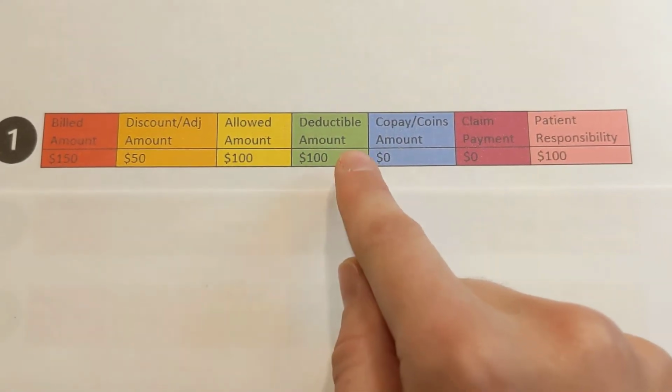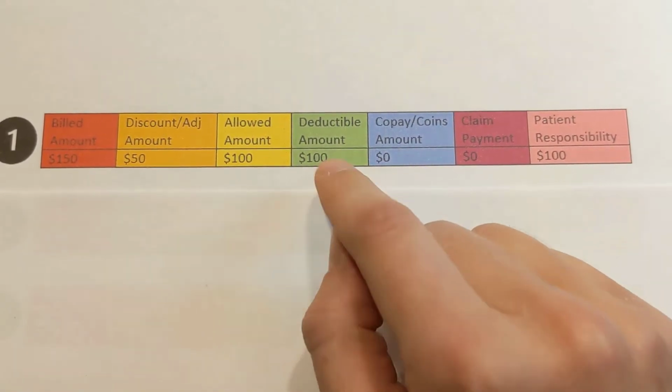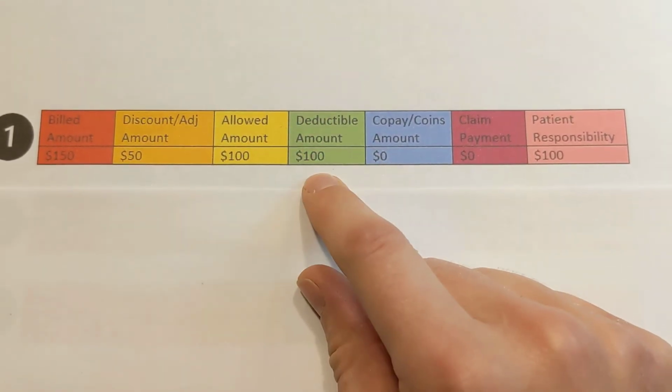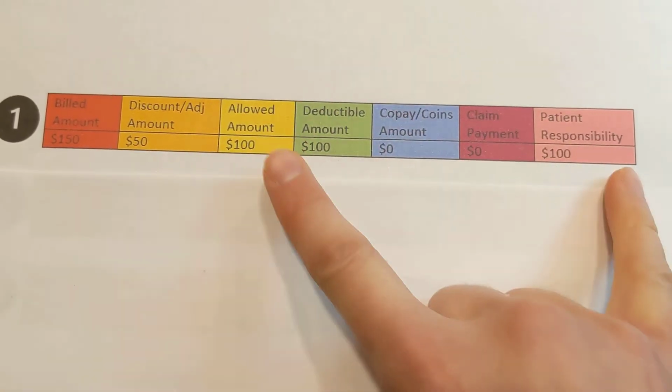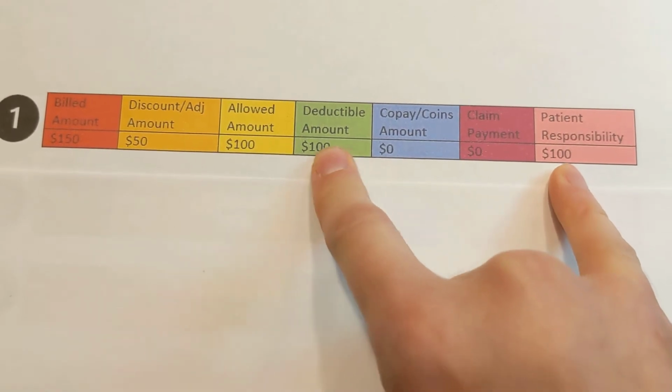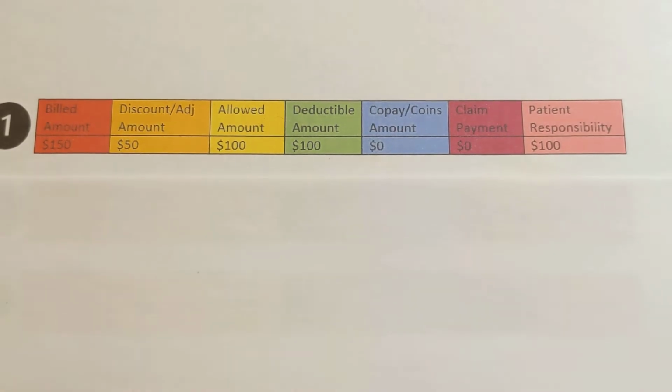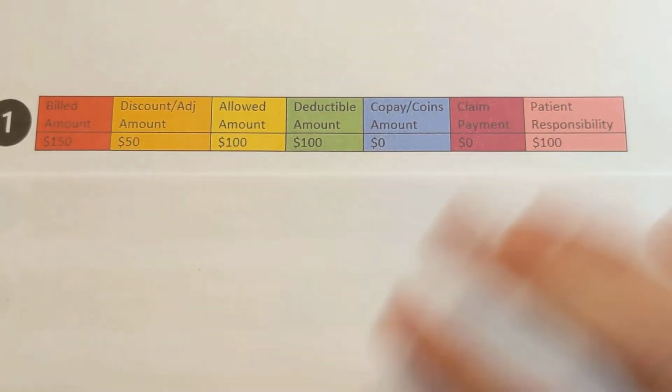So this deductible is the green part. This is fully going to the deductible. They have not met it, which means they owe that full $100. So the patient responsibility is also $100, which is the same as the contracted rate because they haven't met the deductible. And because of that, the insurance company did not pay anything for the claim.